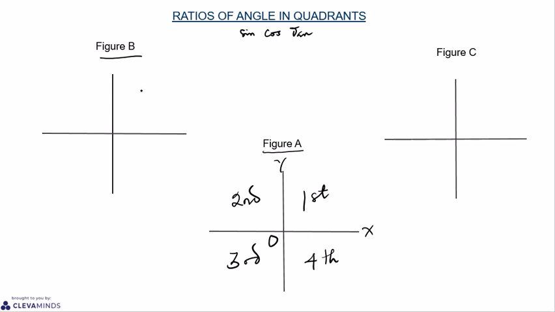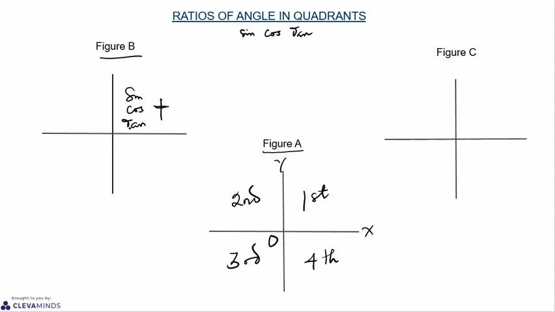in the first quadrant, which is this, all the trigonometric ratios, sine, cosine, tangent, are positive. They all lie in the first quadrant, meaning sine, cosine, and tangent are all positive in the first quadrant.